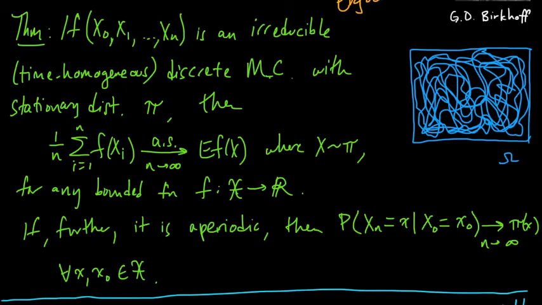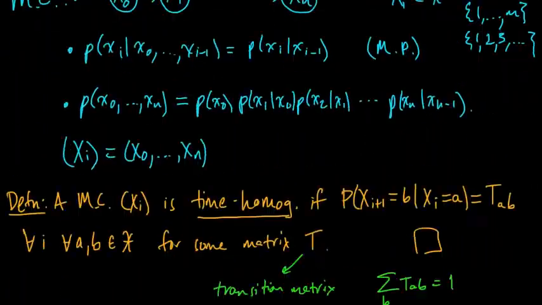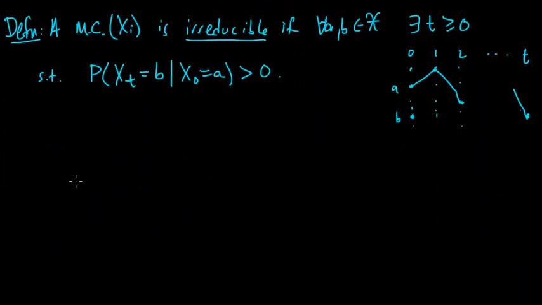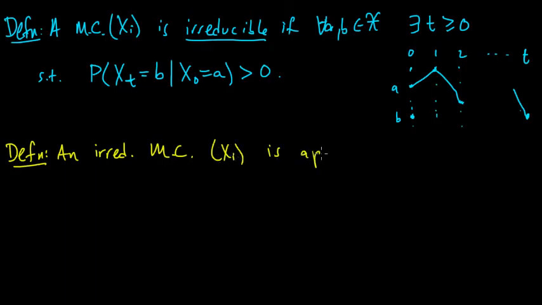So what is an aperiodic Markov chain? This is maybe the least intuitive of all of them. Maybe at first, you have to get your head wrapped around it. So an irreducible Markov chain, Xi, is called aperiodic if for any a in the space X, we have the following property.